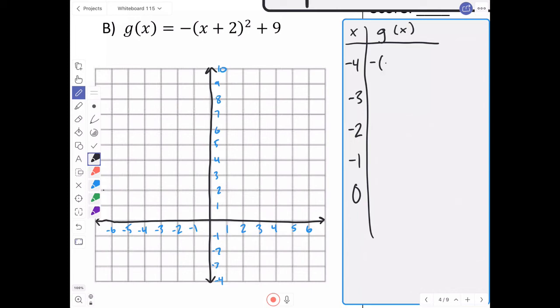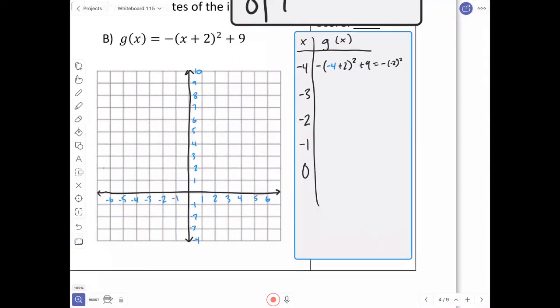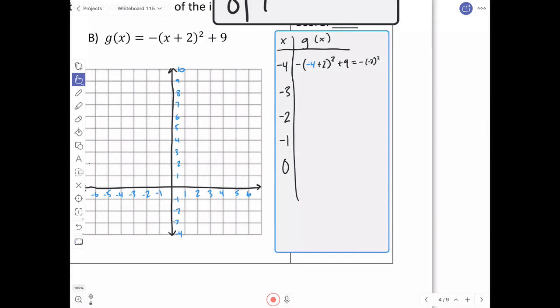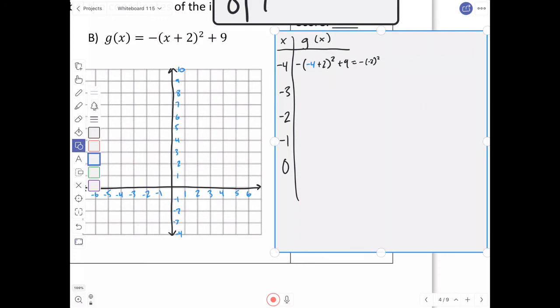And -4 plus 2 squared plus 9 is -2 squared. And as usual, I have to back out, give myself a little more room.